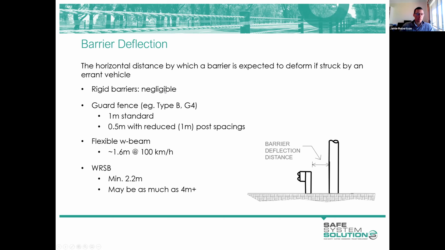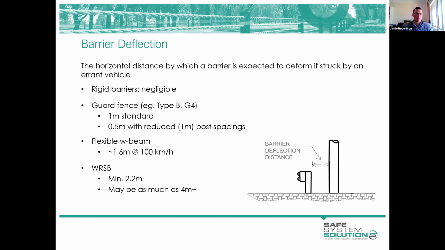Wire rope deflects by even more. Each of the products deflects by a different amount, and that's because they have different post spacings and also because they're being crash tested to different levels. One of the accepted wire rope products is a test level 4 product, and under test level 4 conditions, it deflects by more because we're looking to contain that small truck.